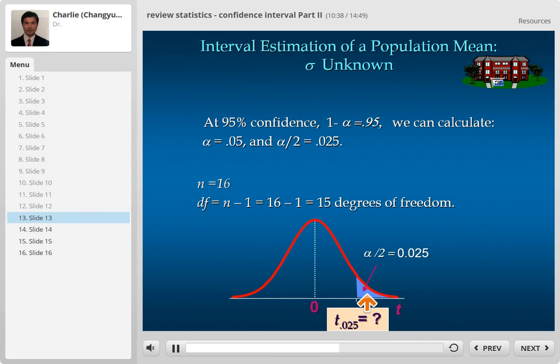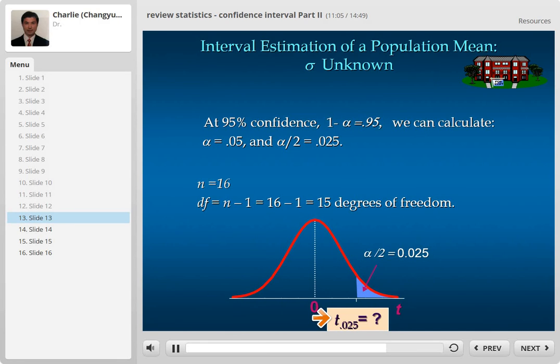Next, the degree of freedom. We know degree of freedom equals n minus 1 equals 16 minus 1 equals 15. Now we're ready to calculate this point. This point we also label as t subscript 0.025.